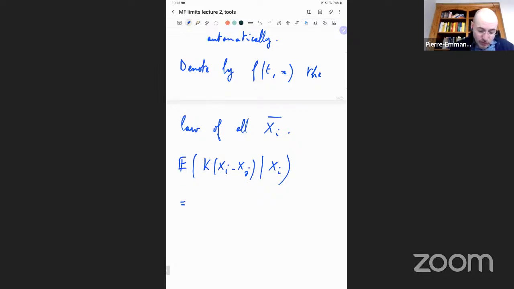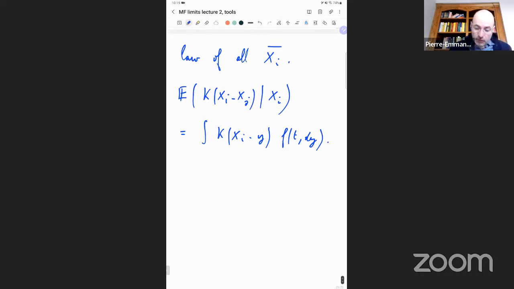So this is just the integral of k(xi minus y) f_t dy, right? And so it's independent of j, at least as long as j is different from y, right?